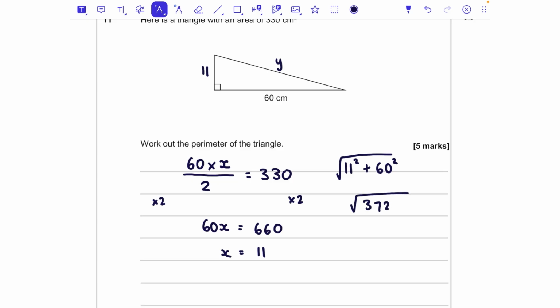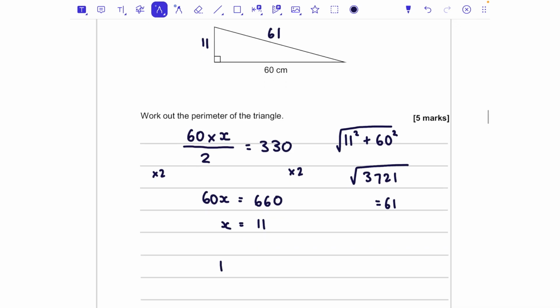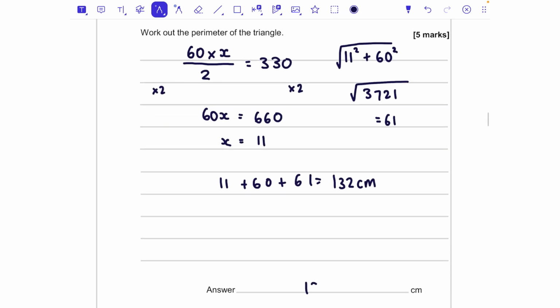Let's then square root that answer, and that gives us 61. So 61 is the hypotenuse. Now let's add all of that together to get the perimeter. 11 add 60 add 61, and that gives us a final answer of 132 centimetres for 5 marks.